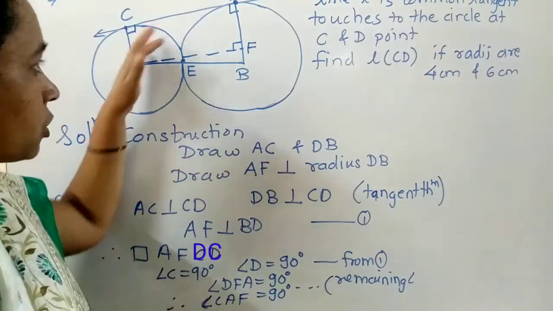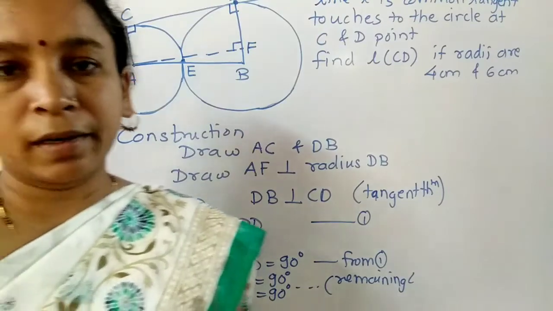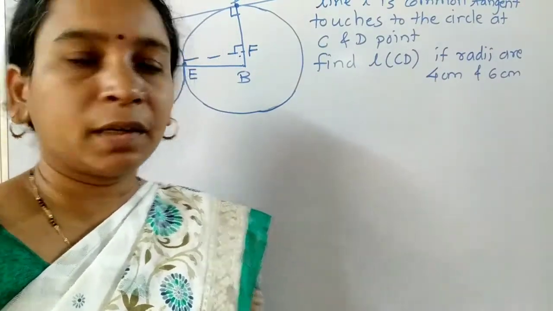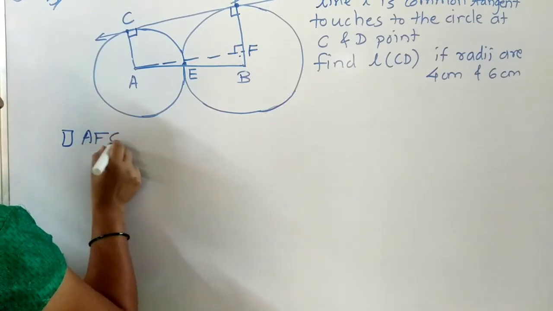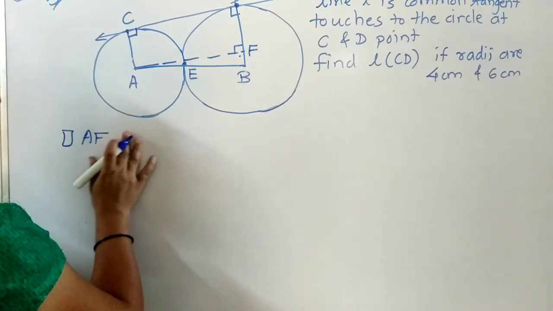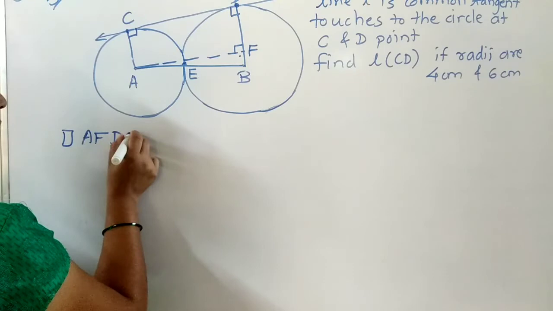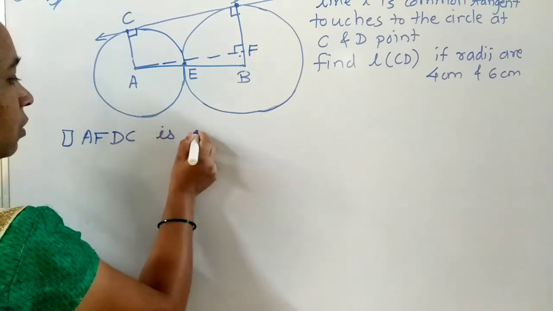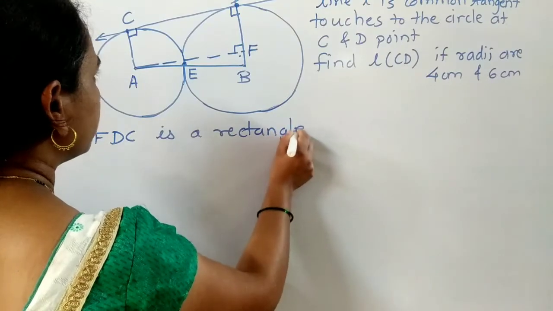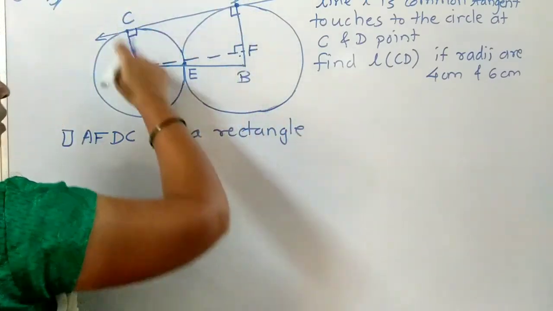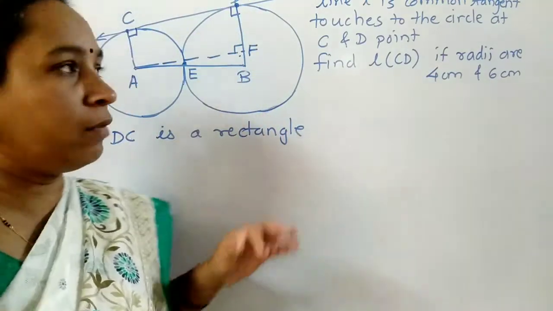Now see here, in this quadrilateral all angles are 90 degrees. If all angles are 90 degrees, we can say that quadrilateral AFDC is a rectangle.